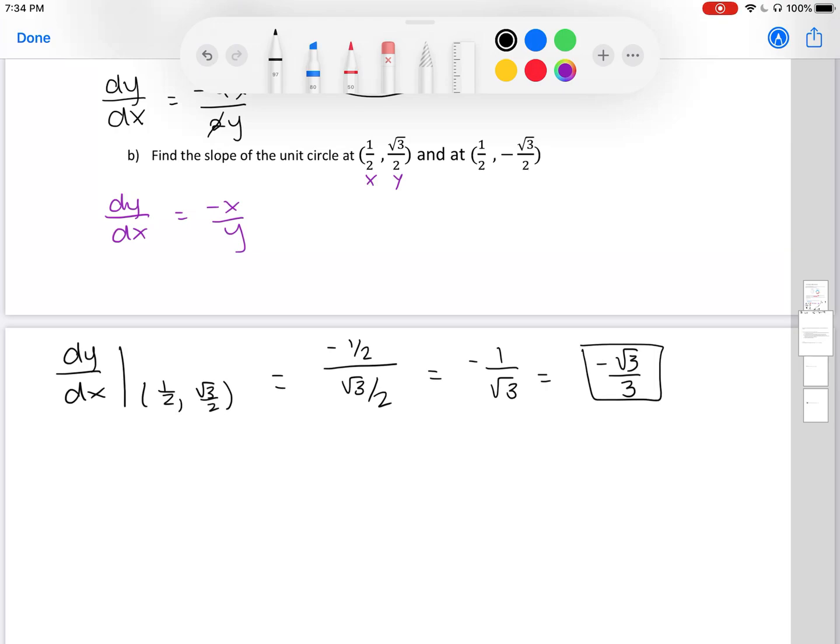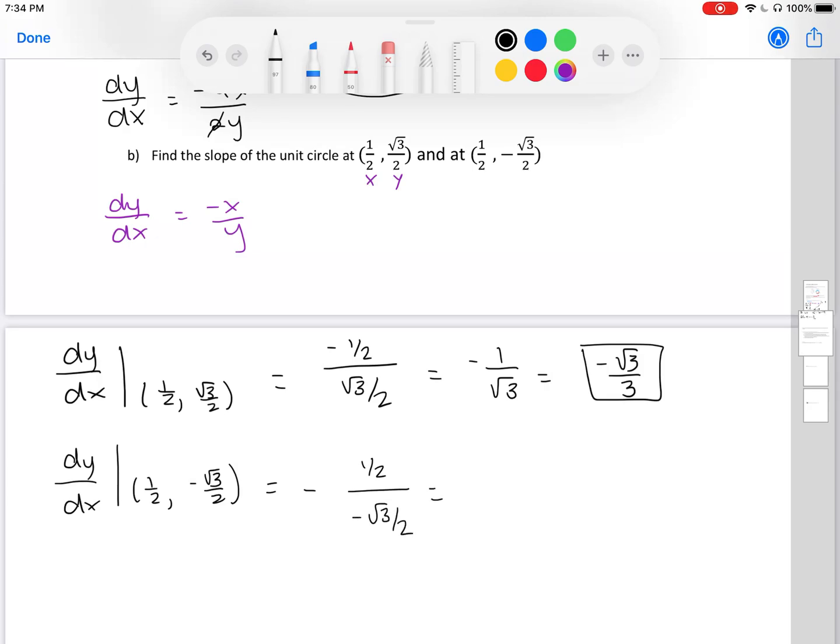And also for our other point, dy/dx at 1/2 and negative square root of 3 over 2, we get negative 1/2 divided by negative square root of 3 over 2.